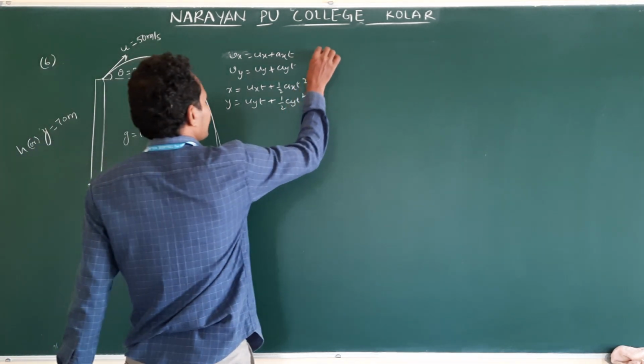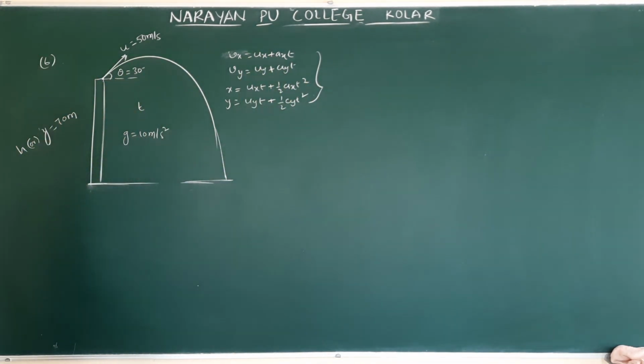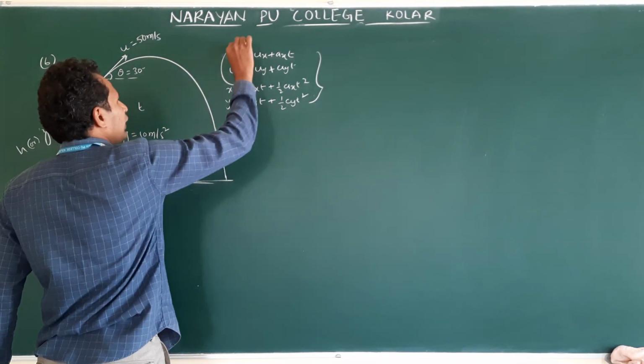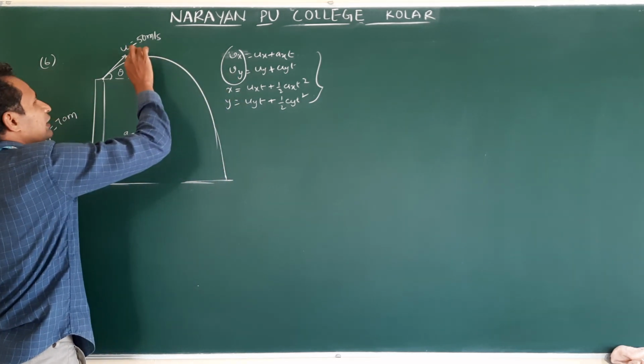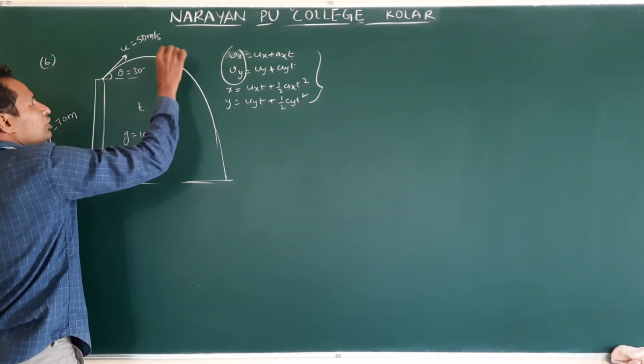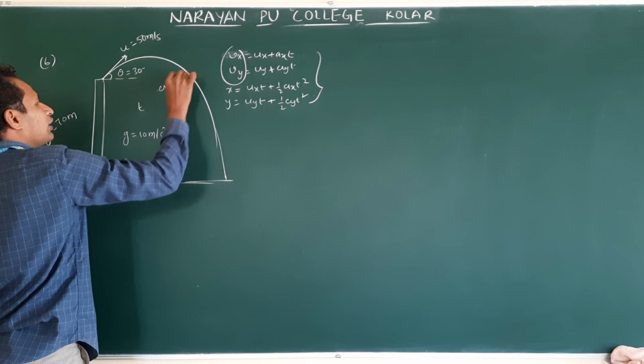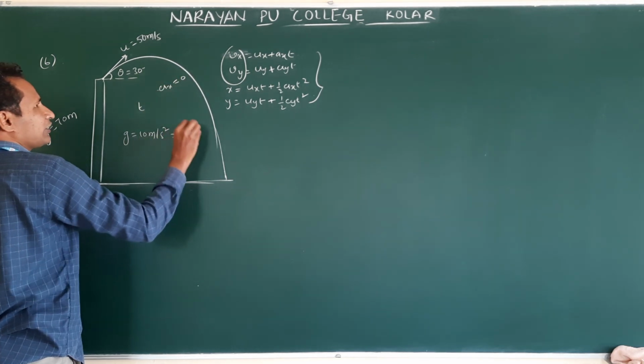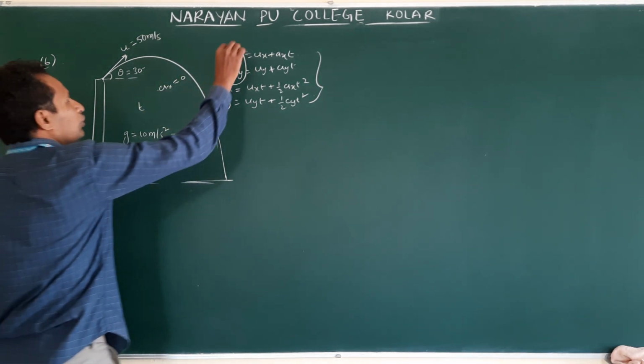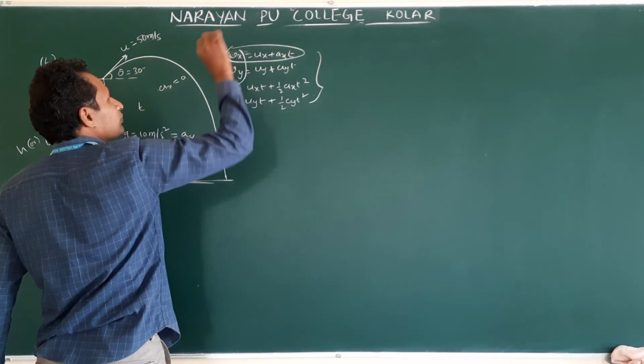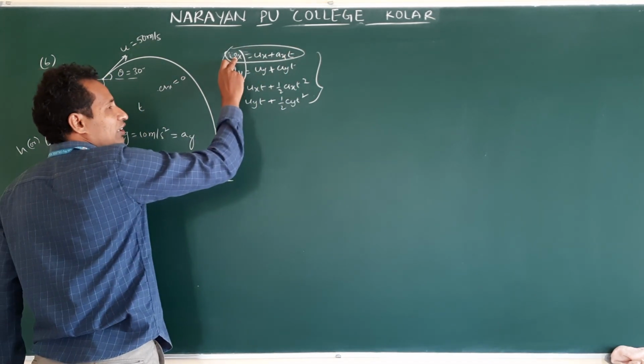In this, which equation do we need to select? Okay, did they mention final velocities to find t? We have initial velocity. So ax is equal to 0. Ay is nothing but g. So the first equation does not help because we do not know the final velocity.